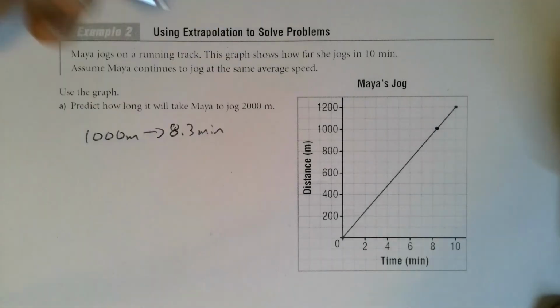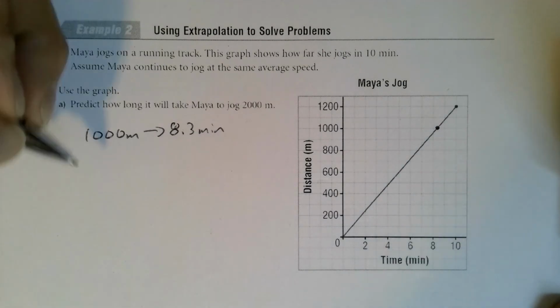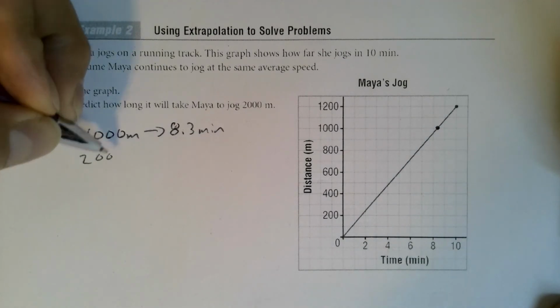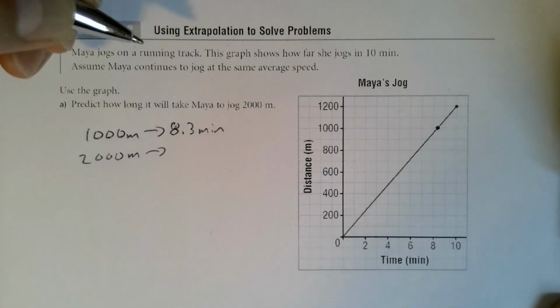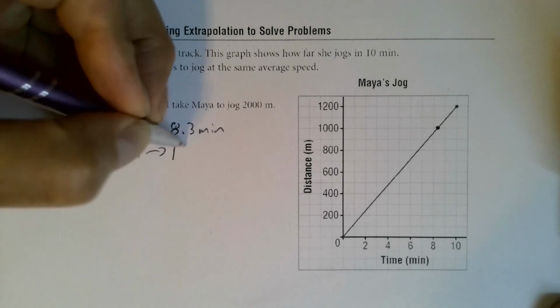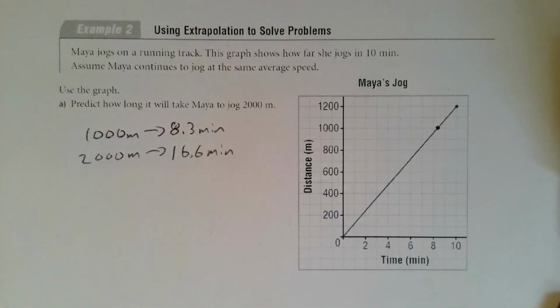Looks like it might be 8.3, 8.4, somewhere in there. I'm just going to say 8.3. So if 1,000 meters takes her 8.3 minutes, then 2,000 meters is going to take her twice as long as that. It's going to be 16.6 minutes. So that's one of our extrapolation guesses.